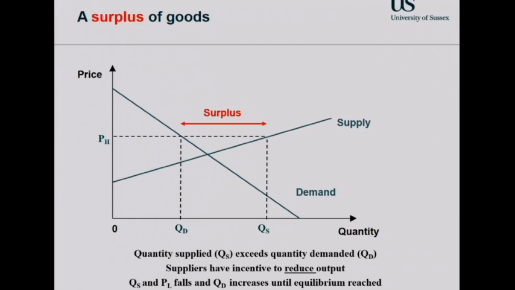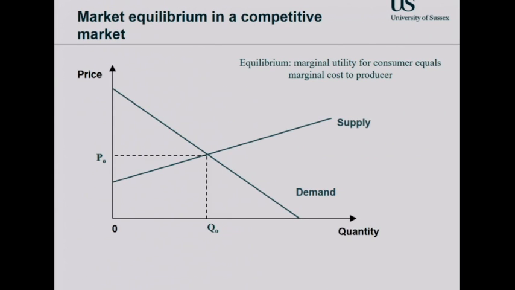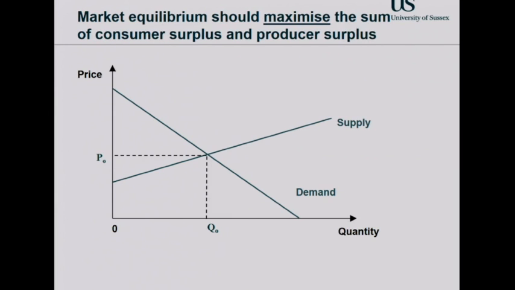Right, so having shown this tendency to equilibrium, let's now go back to this social surplus idea. So I showed you the consumer surplus in this market, which was given by the area of that triangle between 0 and the quantity sold. And the producer surplus in that market was given by the area of that triangle.